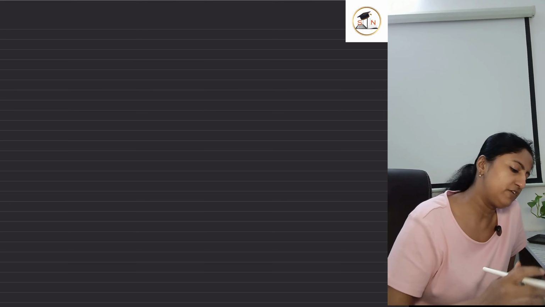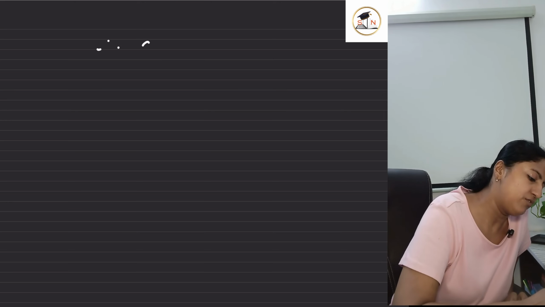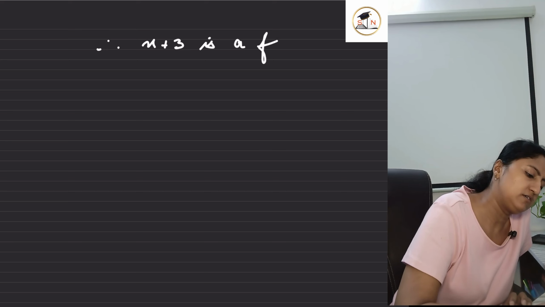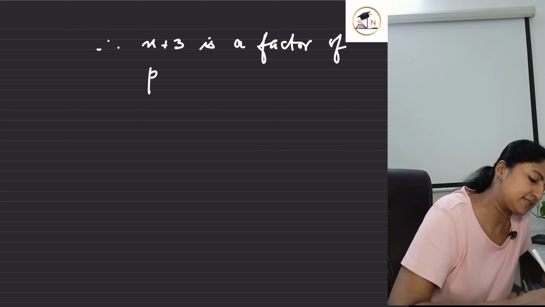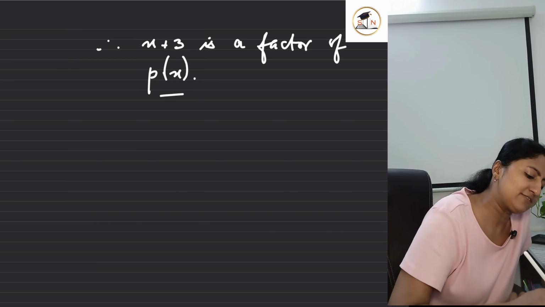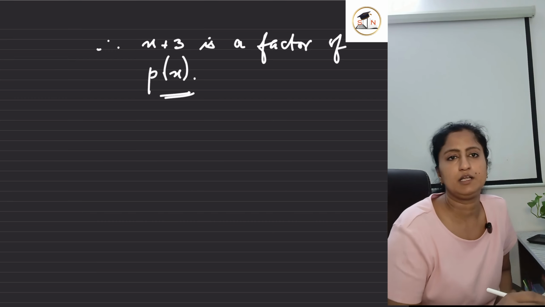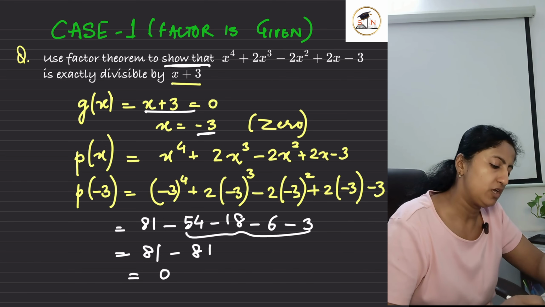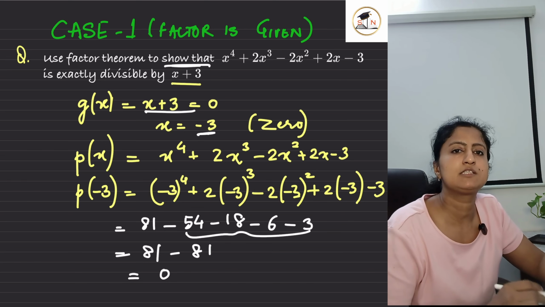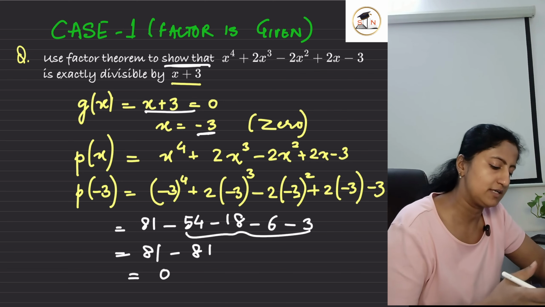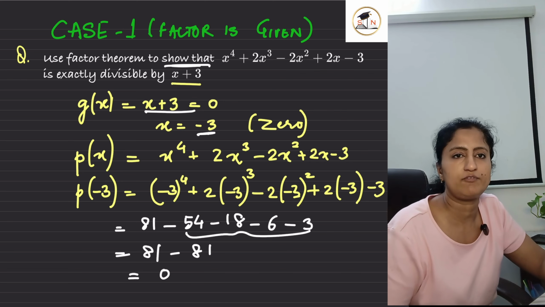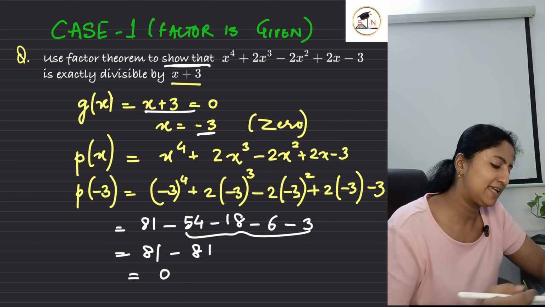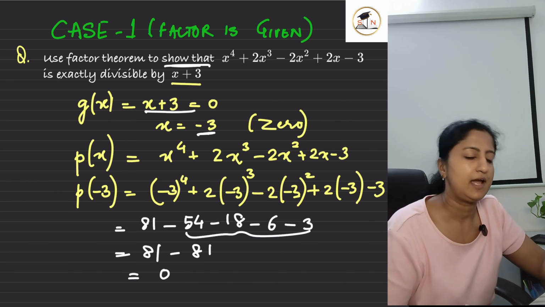So after this, we just need to conclude, therefore, x plus 3 is a factor of p(x). This conclusion is important and mandatory because the question asked to use factor theorem to show. And when they're asking to show, that means you need to conclude with your answer whether it is a factor or not a factor.